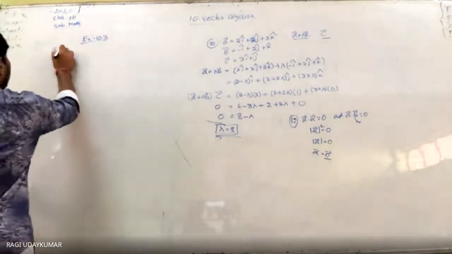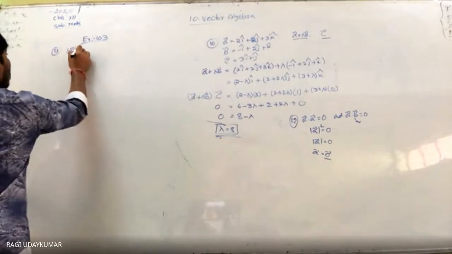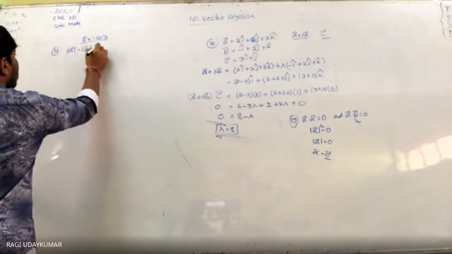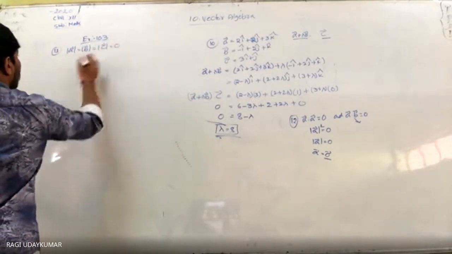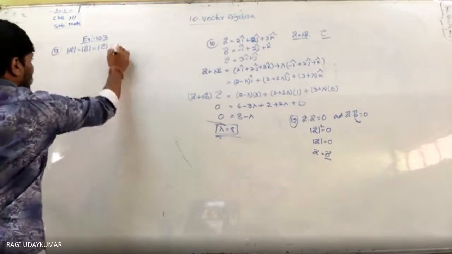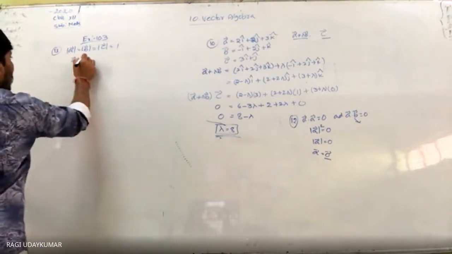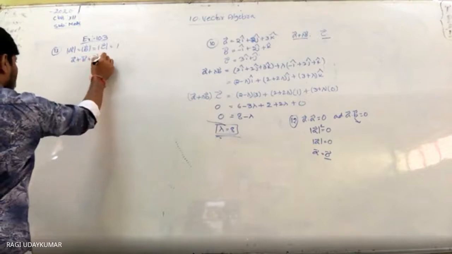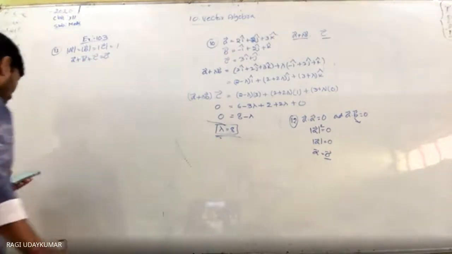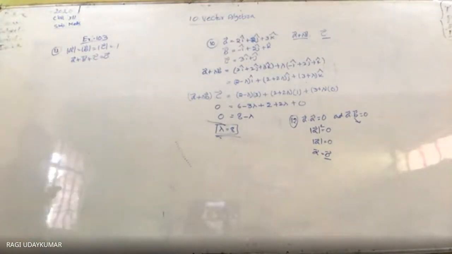What is given here? Magnitude of a bar is equal to magnitude of b bar is equal to magnitude of c bar is equal to 1, unit vectors. And it is given that a bar plus b bar plus c bar is equal to the zero vector, because the sum of the three vectors is given to you. And you are asked to find the value of a bar dot b bar plus b bar dot c bar plus c bar dot a bar.